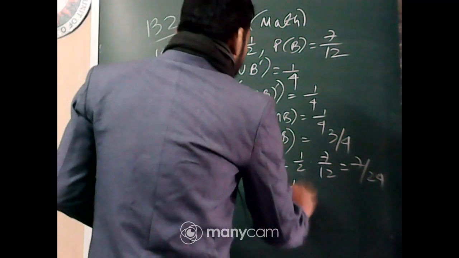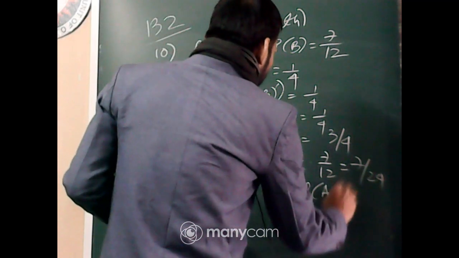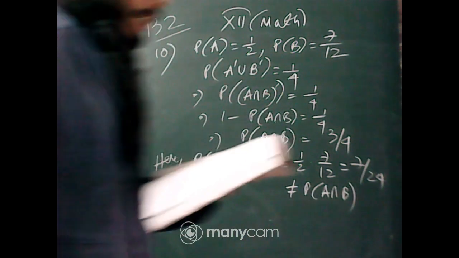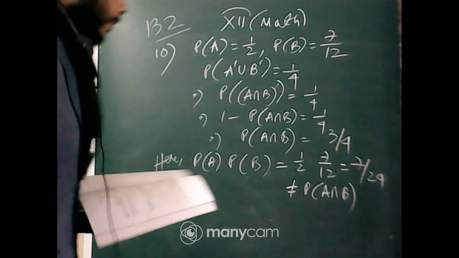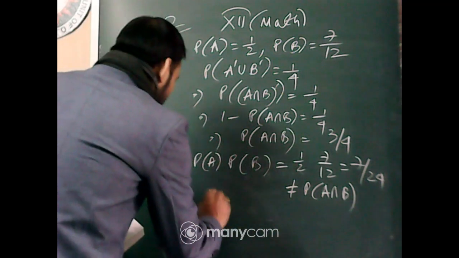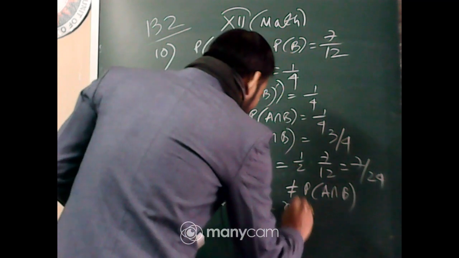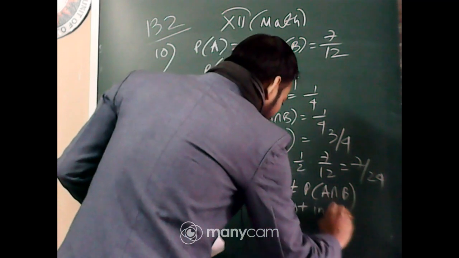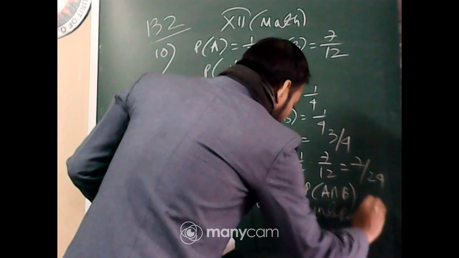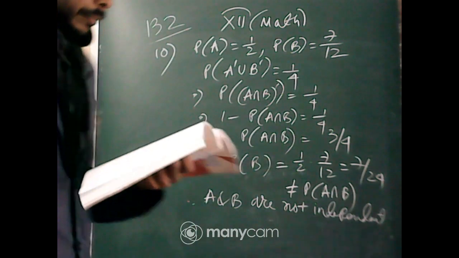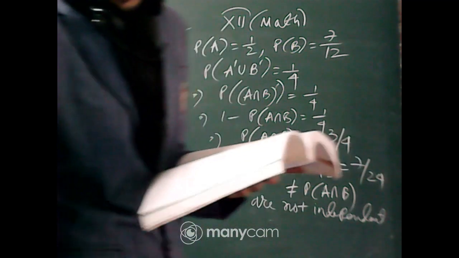So P of A into P of B is not equal to P of A intersection B. That means A and B are not independent. Isn't it?